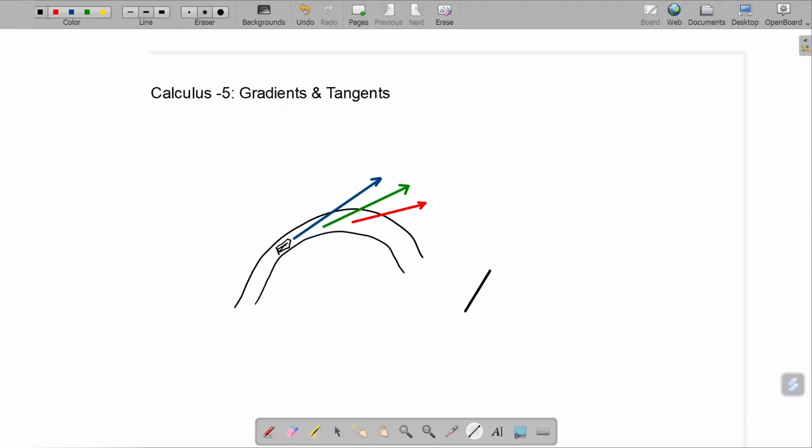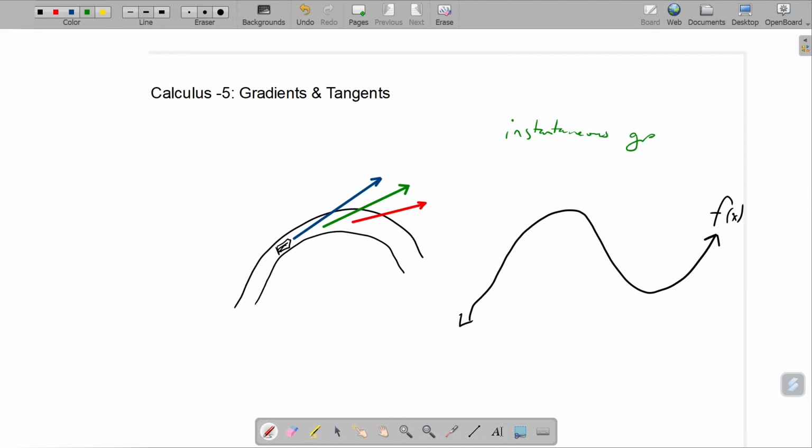The first thing I want to tell you is that as we've been describing, given that we have a curve, let's change that to the pen. Given that we have a curve, not my best curve, but let's say there's a curve, and given that this curve is called f of x, we are saying that its instantaneous gradient can be given by f prime of x.